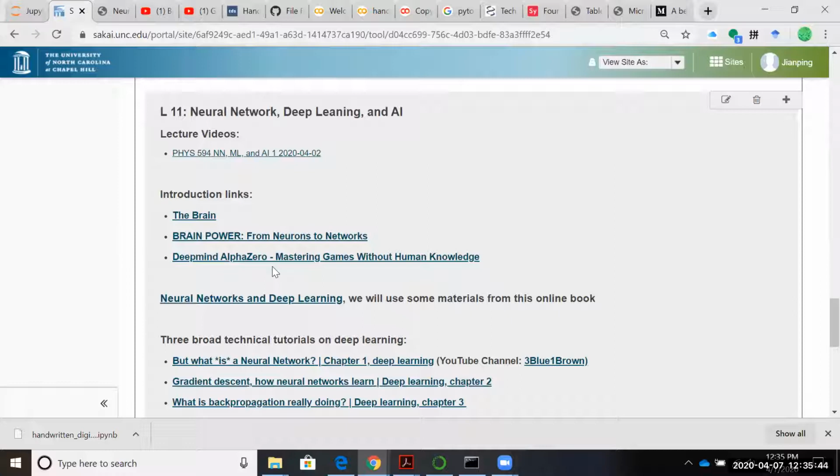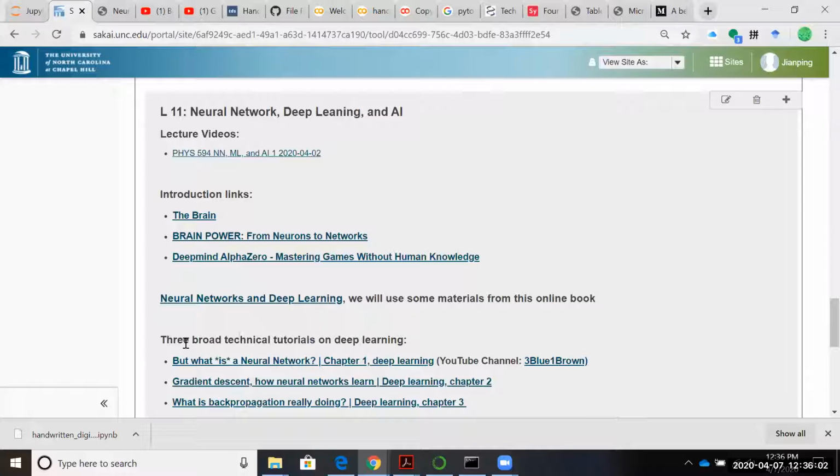What I want to do today is go deep into very elementary things about the neural network, to show you the basic understanding of the neural network as we are talking about today.